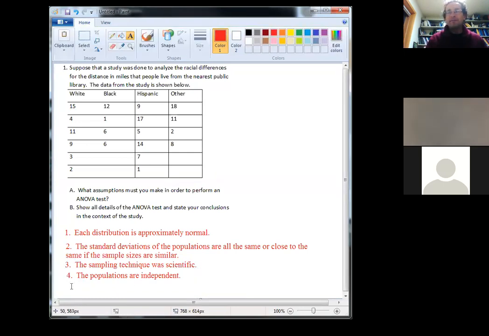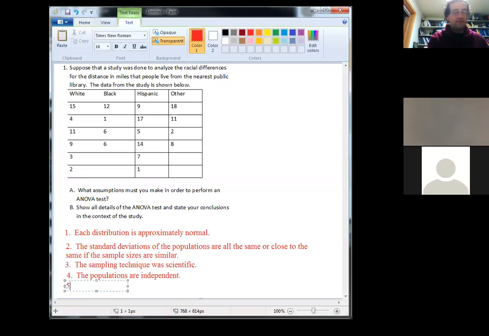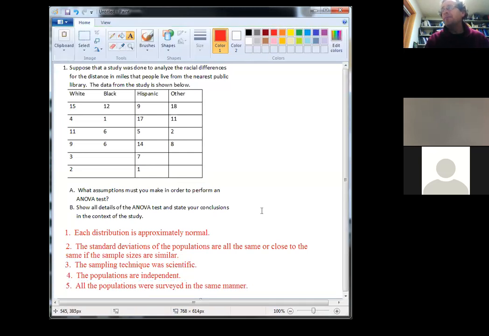Okay, number 5. Number 5 is we need to make sure that all the studies were done in the same way. So all the populations were surveyed in the same manner. That's an easy one.